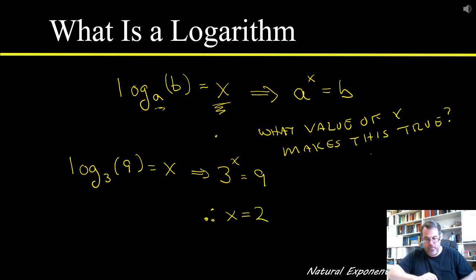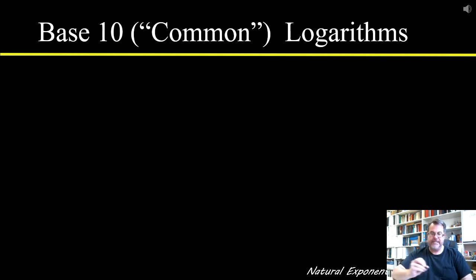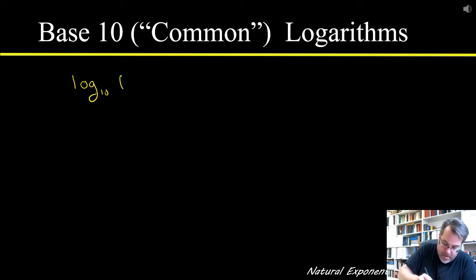Okay. All right. Let's look at a couple of special types of logarithms. One kind of logarithm that you'll see so often that they're called common logarithms, are base 10 logarithms. So we could write a base 10 log this way, put the little 10 down here.